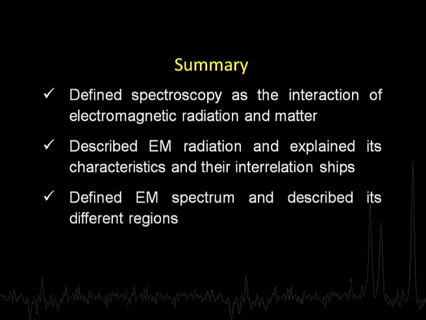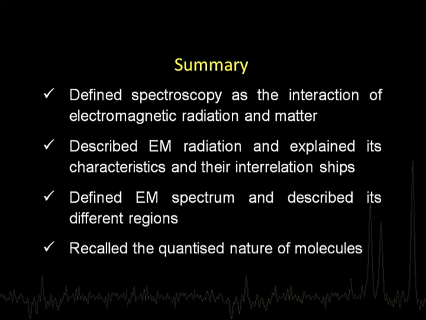Having done that, we moved on to defining what the EM spectrum is. We talked about the EM spectrum as a spread of different kinds of EM radiations possible, and we also described different regions of the EM spectrum. Thereafter we recalled the quantized nature of molecules, and in this context we recalled that molecular energies are quantized, and in the case of molecules, besides electronic energy being quantized, the rotational and vibrational motion also are quantized.